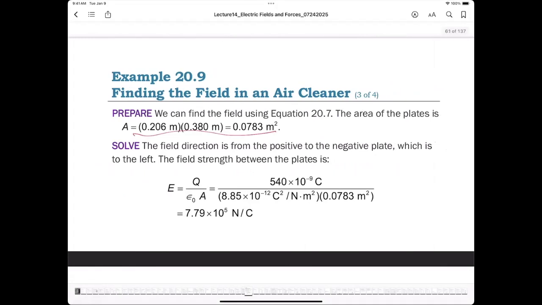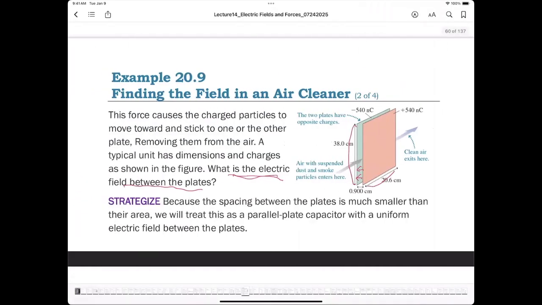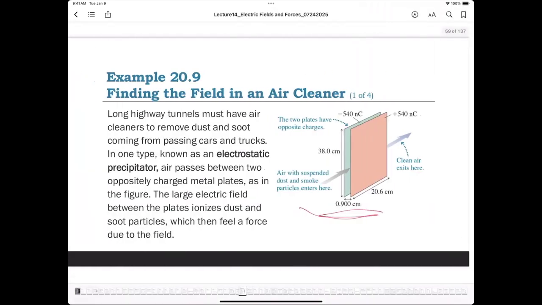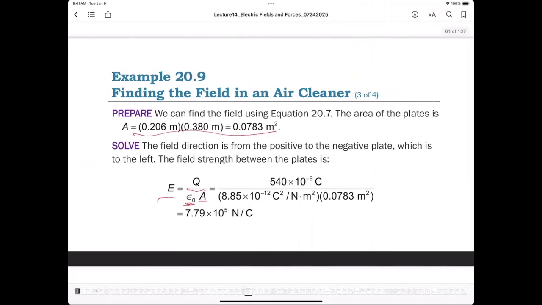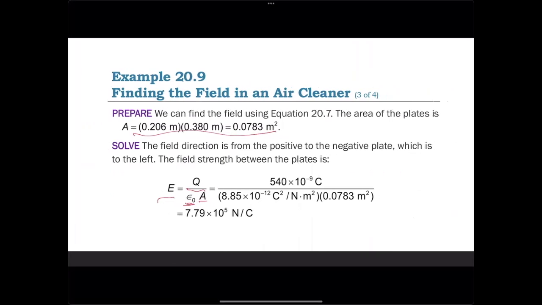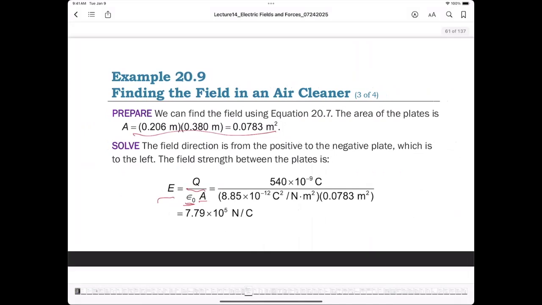The field strength between the plates uses this equation: E equals Q divided by epsilon zero multiplied by A. We know Q, as it has already been given here. We know the constant, and we have already calculated the area, so we can calculate the final electric field.